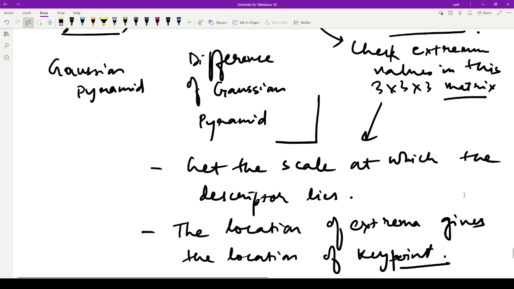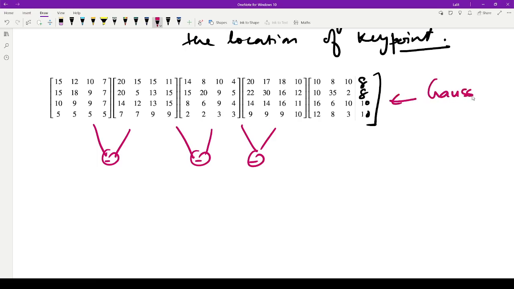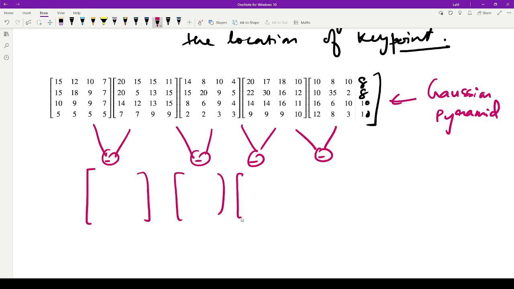Whatever steps I told here, you just need to do that. First, take the difference. Since this is the Gaussian pyramid, once you have it, you just take the element-wise difference. You get some values which give you the difference of Gaussian pyramid.